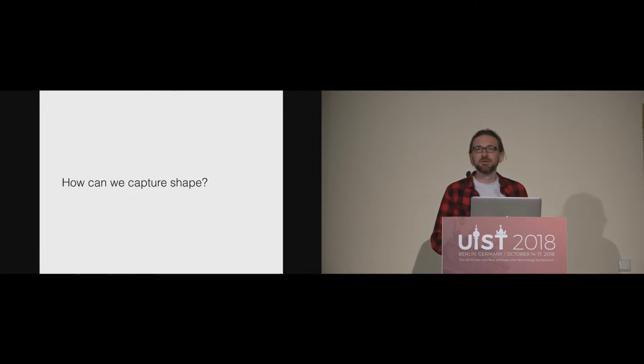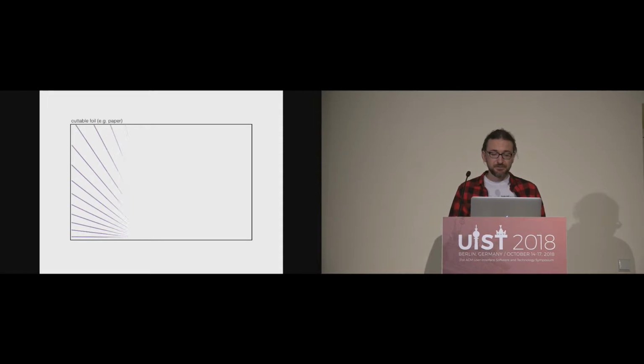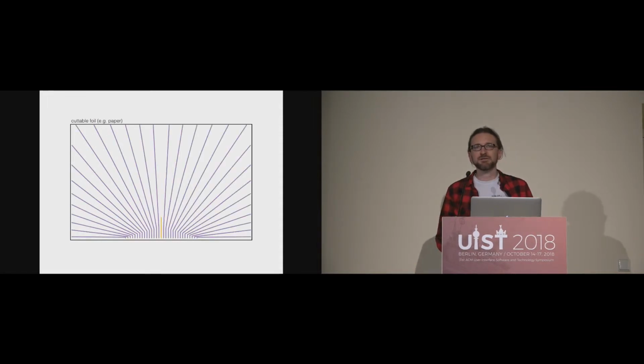So the question is, how can we actually capture the shape of physical material and digitize it? Now imagine you have some cuttable foil. Imagine this is a sheet of paper, yes? On this sheet of paper, we print a grid of line-shaped sensors. How they're made, I will come to later, but let's imagine this is the shape of these sensors.